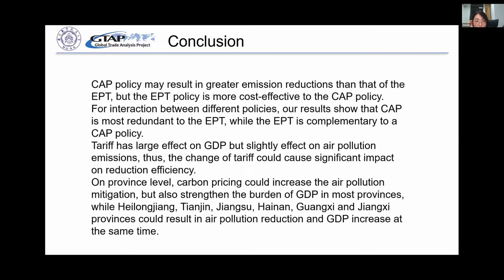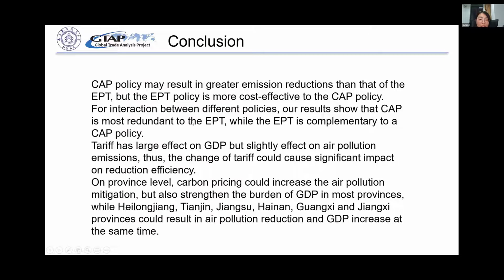So in conclusion, the carbon price in China may result in greater emission reduction than the environmental protection tax. But the environmental protection tax policy is more cost-effective than the carbon pricing policy. For interactions between these two policies, our results show that carbon pricing is redundant to the environmental protection tax, while the environmental protection tax is complementary to the carbon price policy.